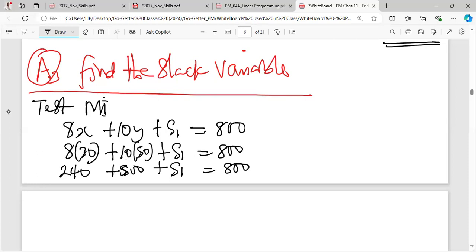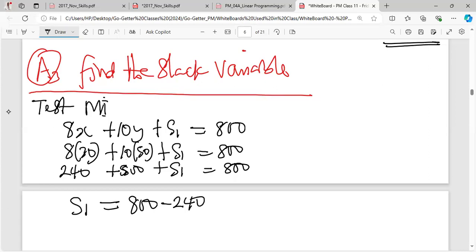So S1 will remain where it is. 800 will remain where it is. Now these two will move. This 240 has a plus. When it moves, it becomes a minus. 500 has a plus. When it moves, it becomes a minus.